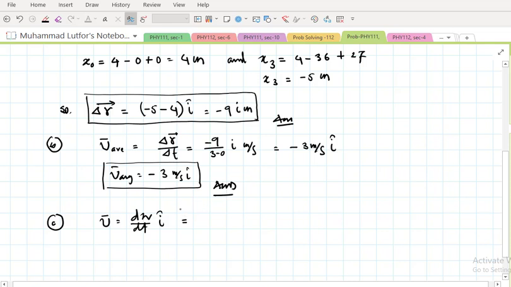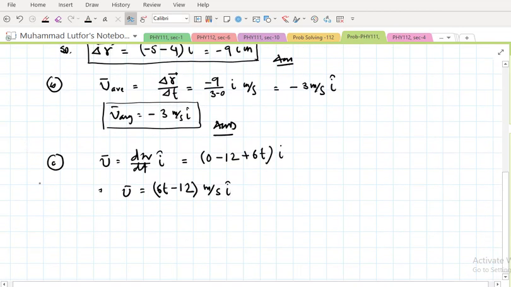If I do that, I find 0 minus 12 plus 6t i hat, or V is (6t minus 12) meter per second i hat. This would be the velocity as a function of time. Now at t equal to 1 second, V would be V1.